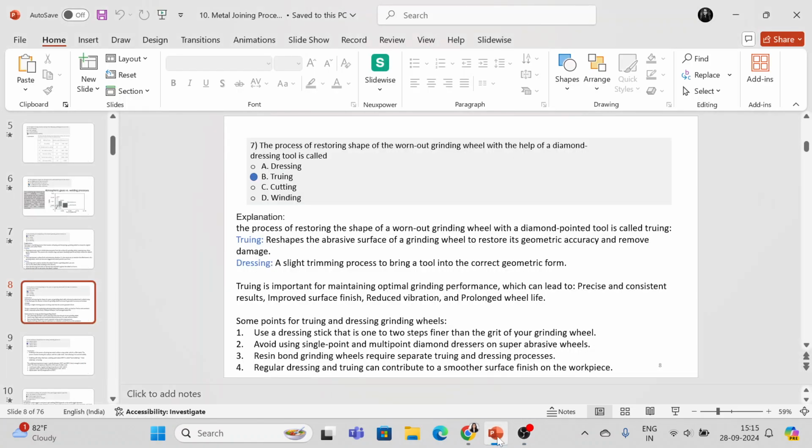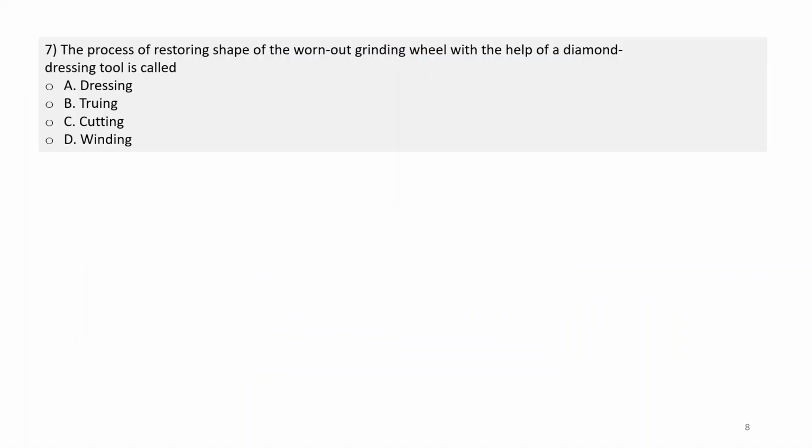Okay, so in the 7th question, the process of restoring the shape of a worn out grinding wheel with the help of a diamond dressing tool is called.